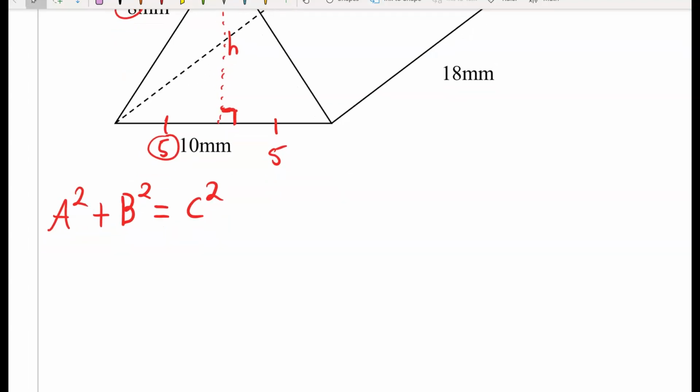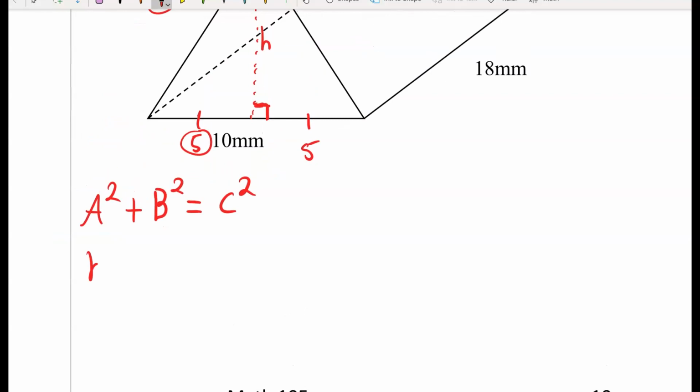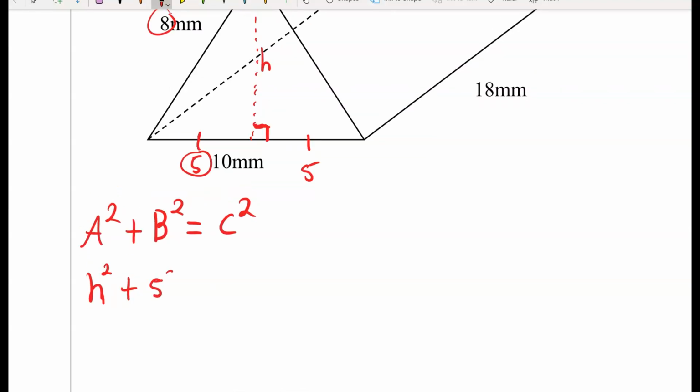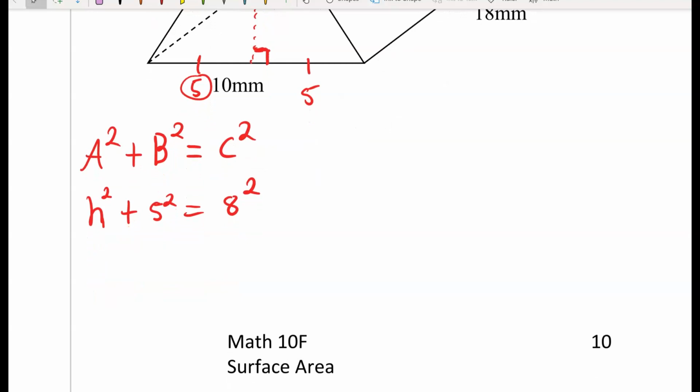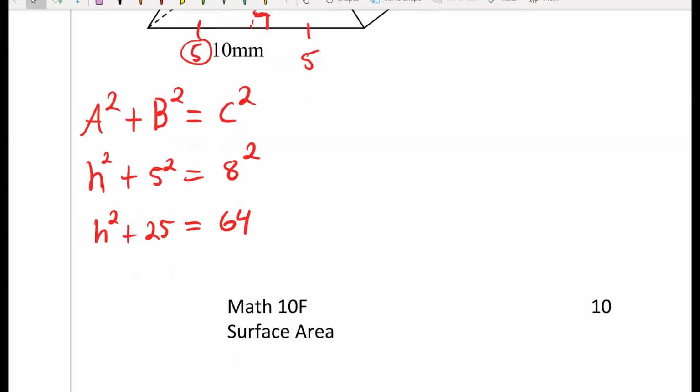So what we know is a squared, which is our h squared, plus b squared, our 5 squared, equals c squared, which is our 8 squared. Now, h squared stays the same, plus 5 squared is 25, equals 8 squared, which is 64. The next thing we need to do is bring the 25 over, so we do the opposite, subtract 25 from both sides.